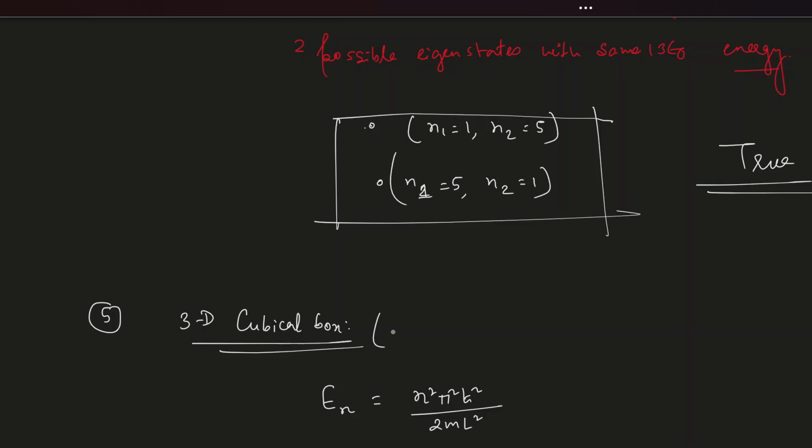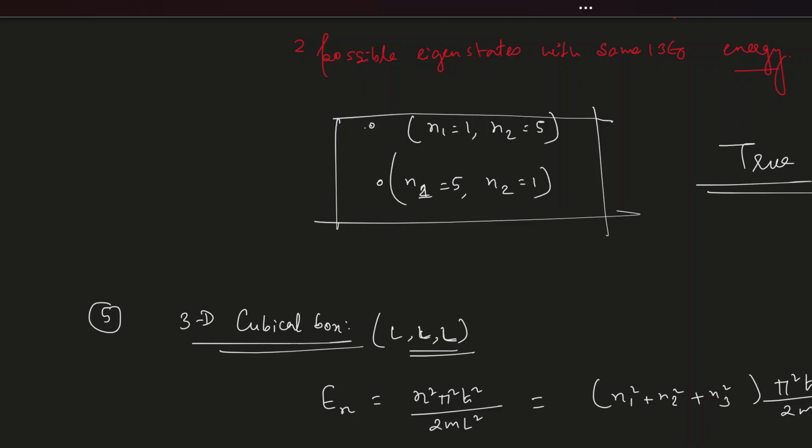Because this is cubical, all three directions have the same box size L: length, width and height. So this will be written as a combination of n1 squared plus n2 squared plus n3 squared, times pi squared h-bar squared by 2m L squared.